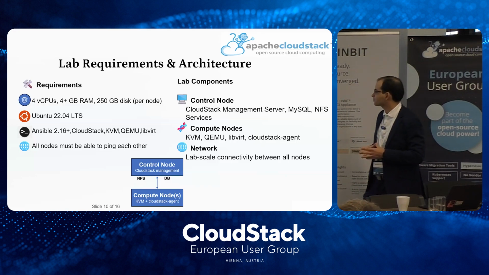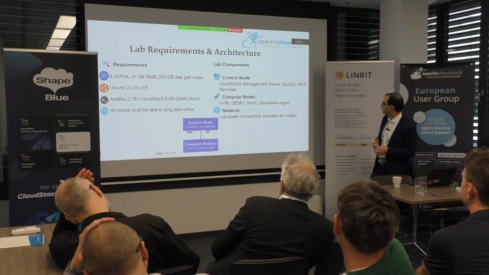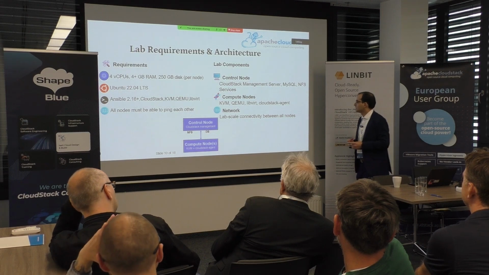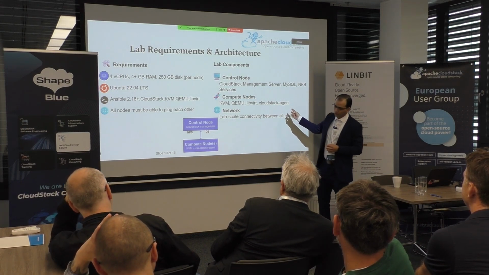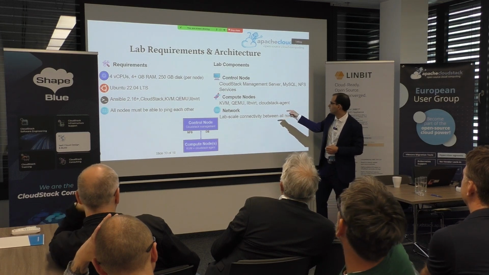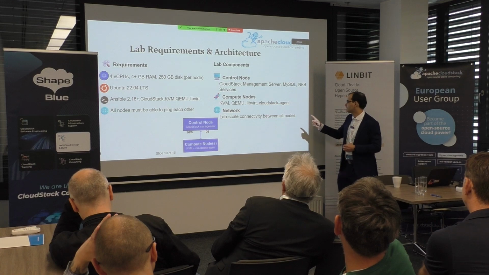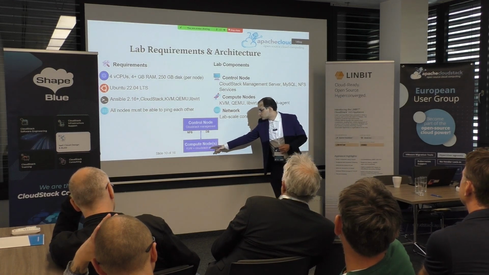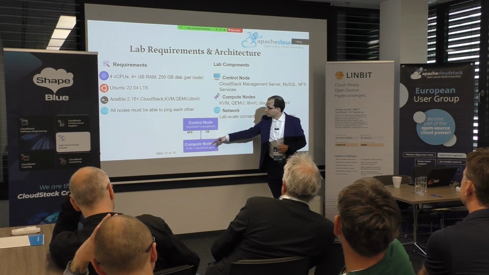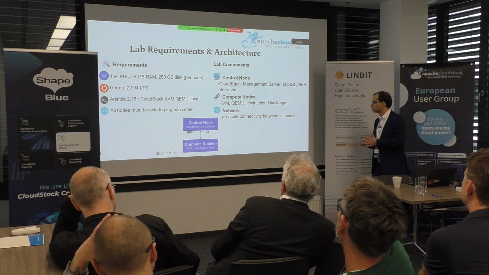And in the compute nodes, we will have KVM, QEMU-libvirt, and the CloudStack agent. This is really important, because without the CloudStack agent, and again, I will share with you a role that installs everything, including the CloudStack agent, keep in mind that if the CloudStack agent is not installed on the host, then the communication with CloudStack will be impossible, and it's impossible to make it work.